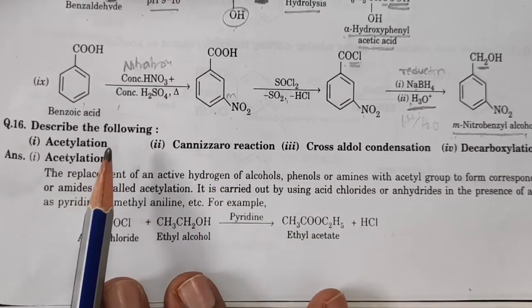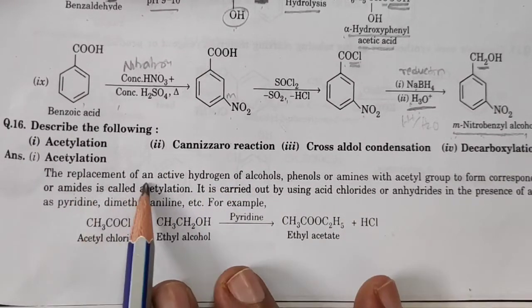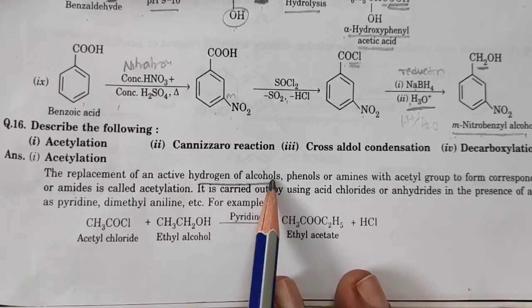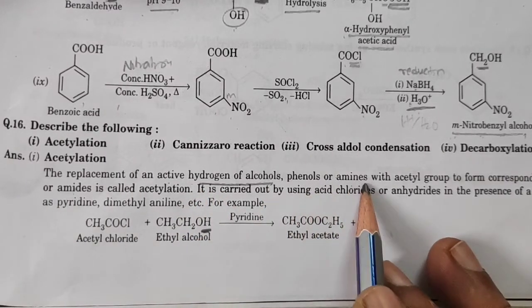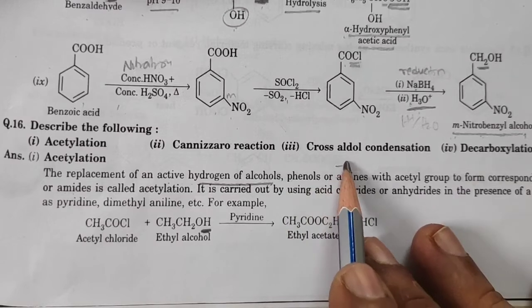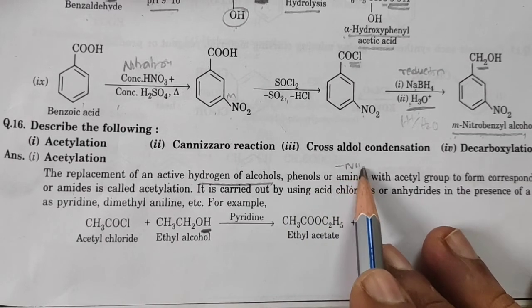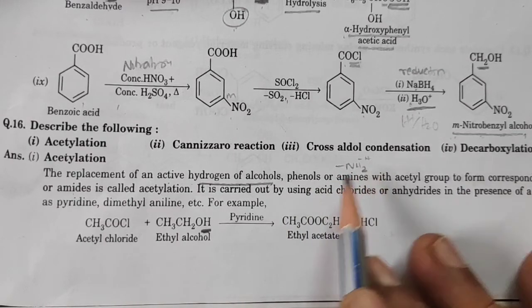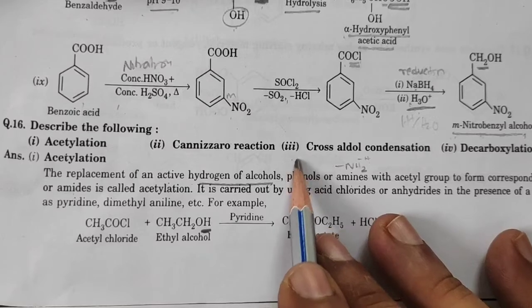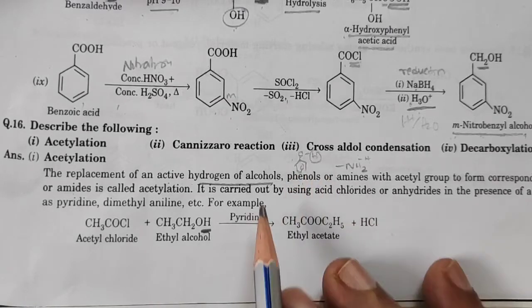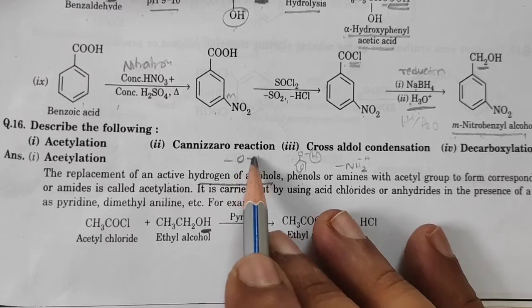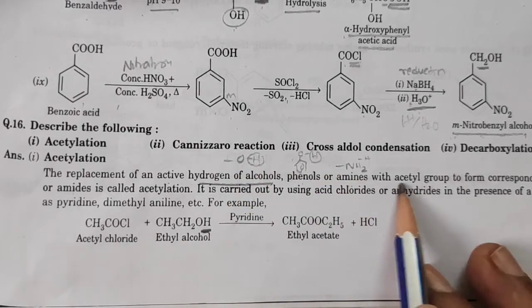First one we are going to discuss is acetylation, the replacement of active hydrogen of alcohol, phenol or amines, that is phenol, amines meaning NH2. From that, hydrogen is replaced: when we say phenol, on the benzene ring OH group, that H will be replaced, and from alcohol the H of the OH group, with acetyl group.